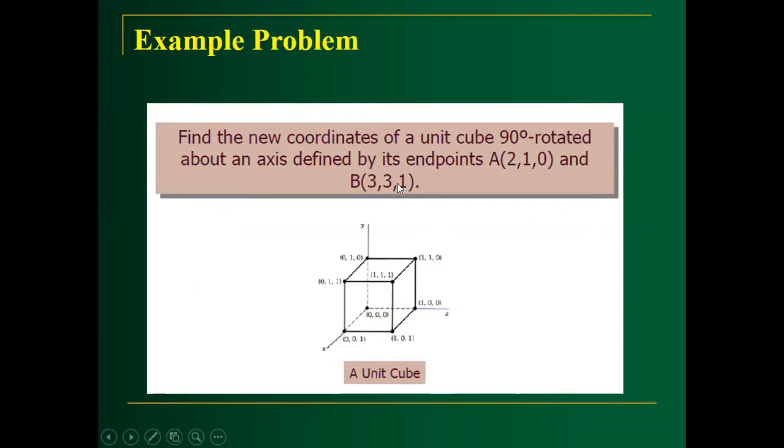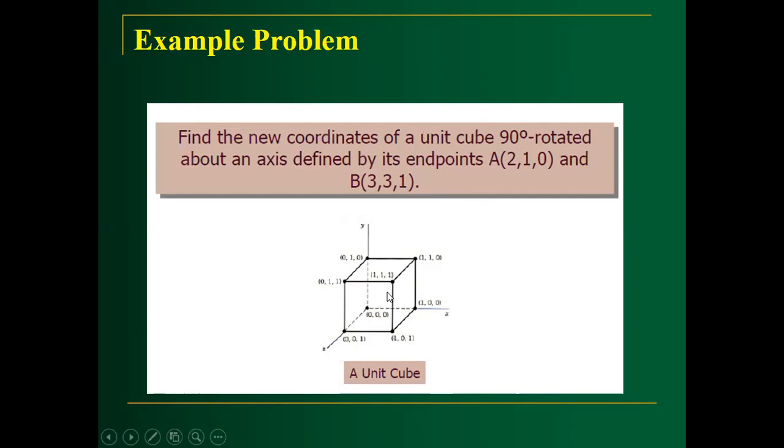Okay, now what do you mean by this? Now this is the cube defined by its endpoints 210, 331 means that is your arbitrary axis.